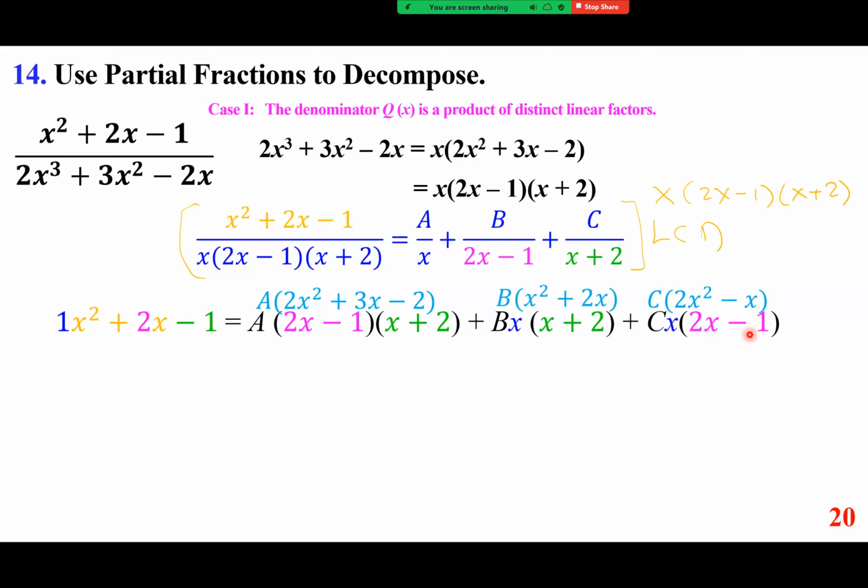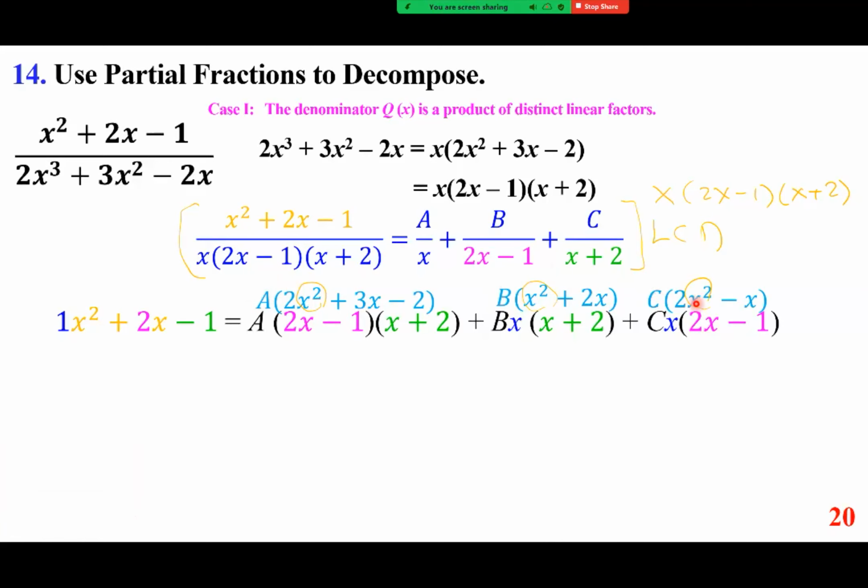Now what I want you to pay attention to is just x squared for now. What would be the coefficient of x squared? 2a times x squared, b times x squared, c times 2x squared, meaning we have 2a plus b plus 2c times x squared.